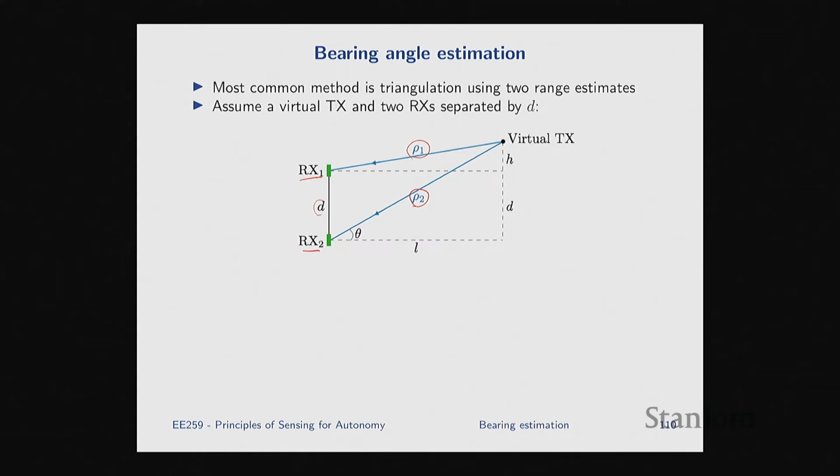But now we can assume both of these are coming from the same virtual transmitter. So I had one transmitter, two receivers, a target, it doesn't matter what it is, but whatever target it is, we can make an equivalent geometry here, which is a virtual transmitter and the two RXs.